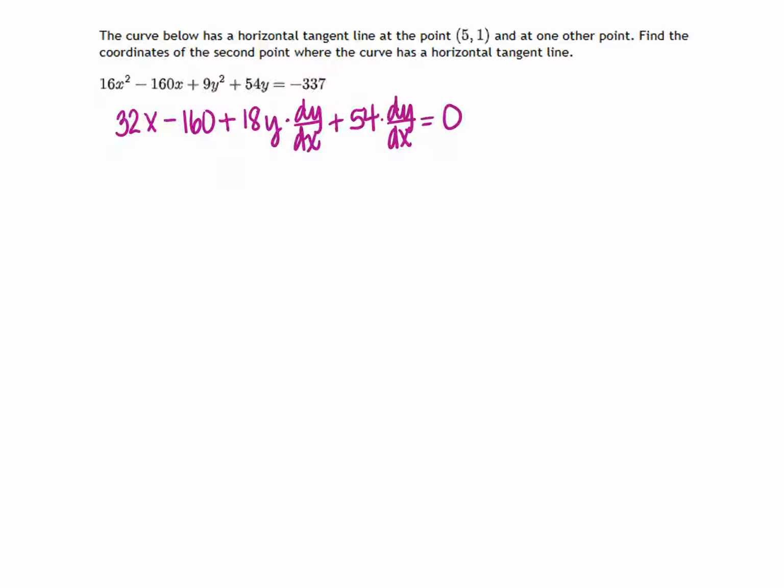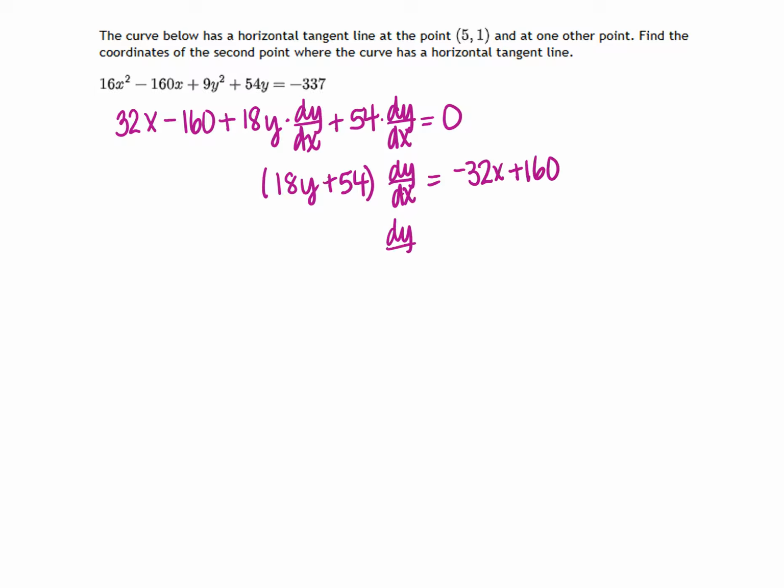I'll keep the terms on the left side that have dy/dx and factor that out. And at the same time, I'm going to subtract the 32x and add the 160 to both sides. And so we have the quantity 18y plus 54 times dy/dx is equal to negative 32x plus 160.